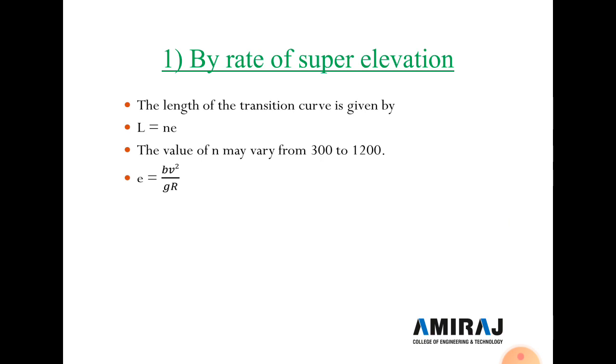The length of the transition curve L is equal to N E. Here the value of N may vary from 300 to 1200, and E is E equal to B V square divided by GR, where B is the width of the road, V is the velocity of the vehicle, G is 9.81, and R is the radius of curvature.